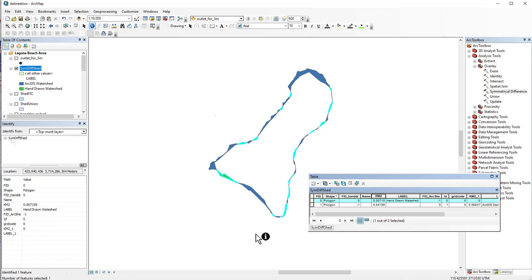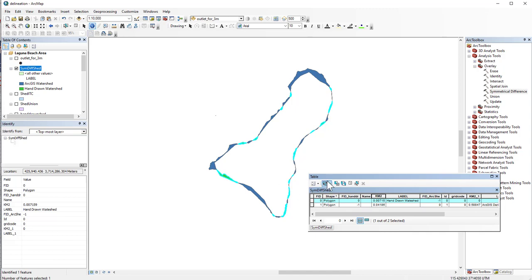And even though it wasn't much of a difference, if we assume that our delineated watershed is the most accurate watershed, we can use these techniques to see how far off the computer-derived watershed is and where the differences exist in the results.